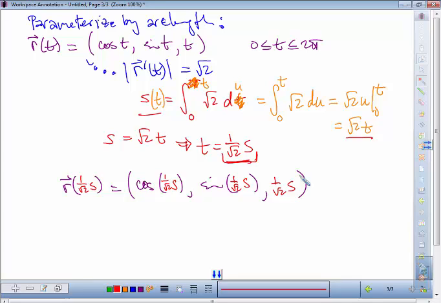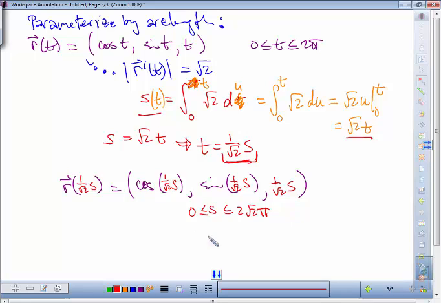That means when I draw this now, what was the arc length again? 2 root 2 pi. So what that means is that if I take this and I go from 0 to 2 root 2 pi, then I'm going to draw the exact same thing.